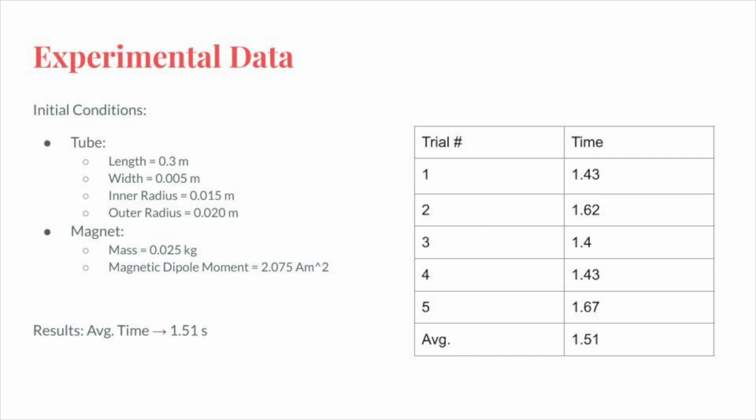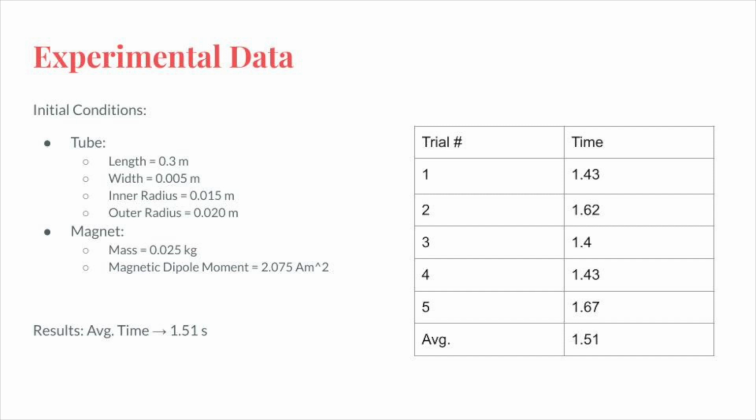First thing we did in this lab was the experimental model. The initial conditions were that the tube had the following measurements: the length being around 30 centimeters, the width being about 5 millimeters, and the inner radius and outer radius being 1.5 centimeters and 2 centimeters.